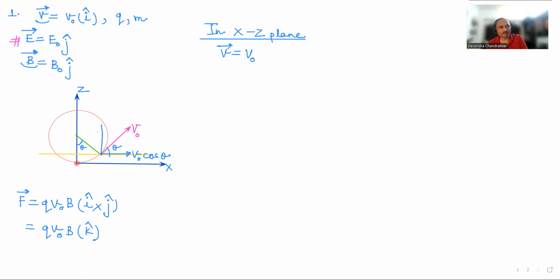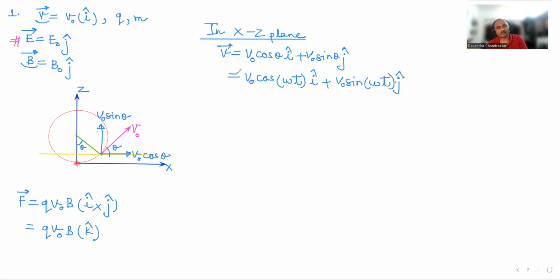And along the other axis, it is v naught sin theta. Yes or no? Yes, sir. So this is v naught cos omega t I cap plus v naught sin omega t j cap. It's v as a function of time t in the xz plane.